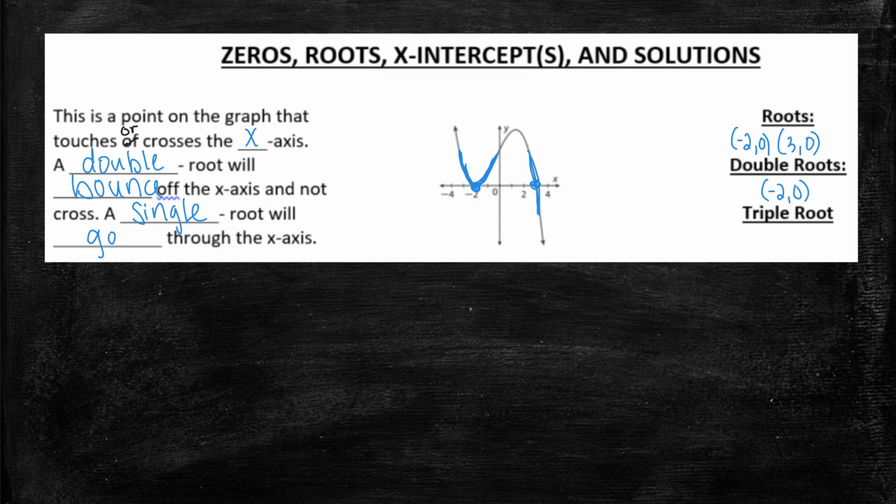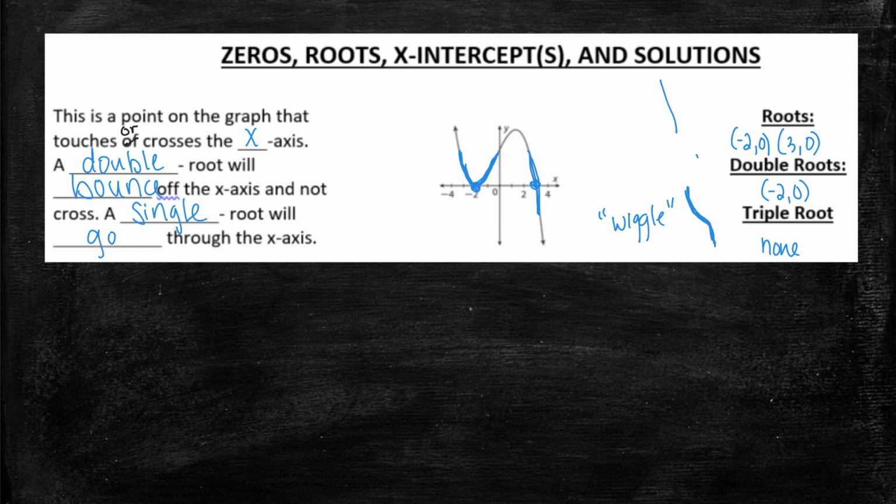Okay, triple root, we don't have any. A triple root will look like this. We call this a wiggle, because it goes through the axis, but when it goes through it, it kind of wiggles its way through it. A single root is just going to go straight through, kind of like a line.